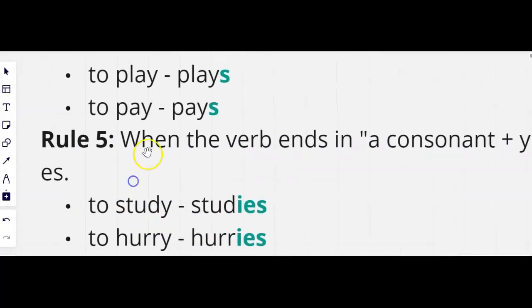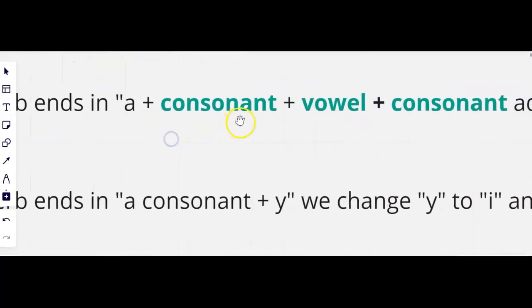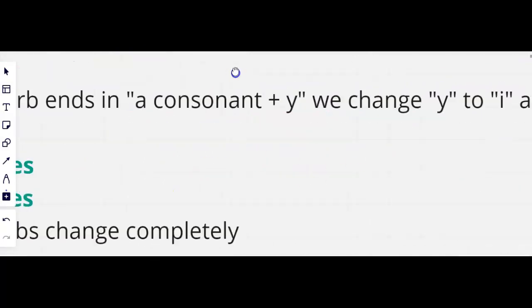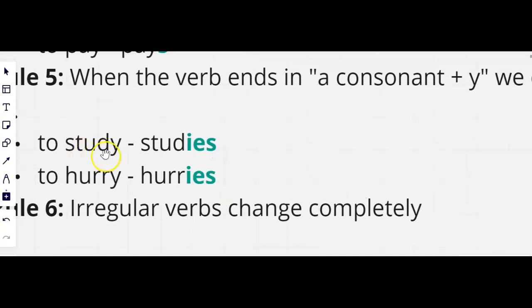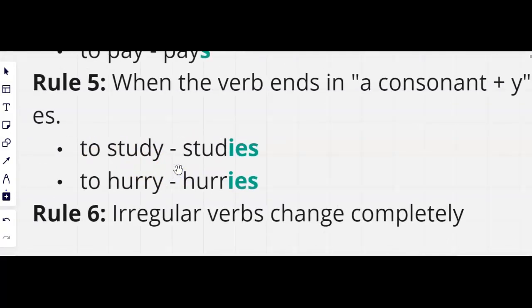So you would think that you need to add the s at the end, but as I explained before, it's consonant, vowel, consonant. But in this case, it's not accomplishing this. It's vowel, consonant, consonant. In that case, it doesn't accomplish that same rule. In this case, it's going to be different.